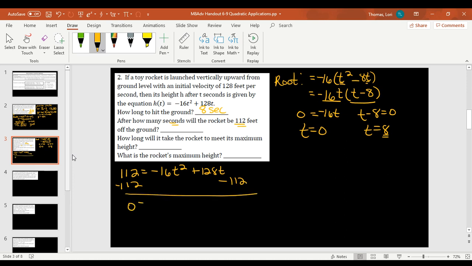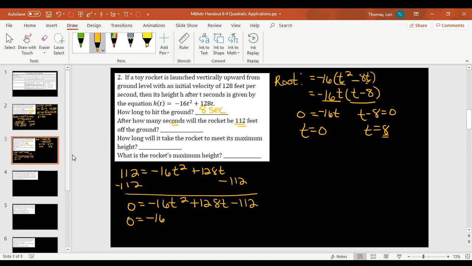I think on my other answer key that's already been posted, I used quadratic formula on everything, but I should have been smart and looked to see if this was factorable. A lot of times you know it's factorable if all your terms have a GCF. So now let's factor out a negative 16.